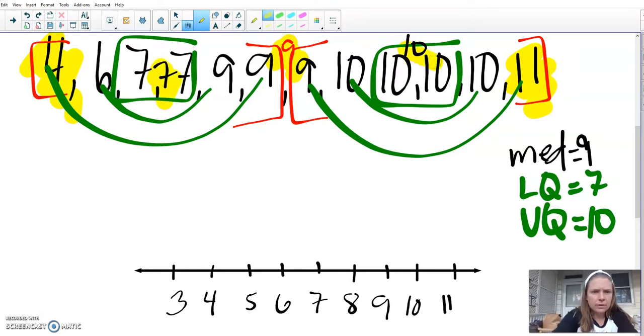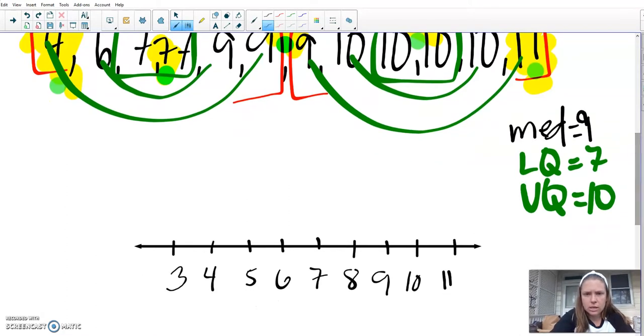So we have the lowest value, least value, the lower quartile, the median, the upper quartile, and the greatest value. That's what we're going to make on our little box and whisker plot down here. So I'm going to use this number line I have. Our median was 9. I'm going to put a little dot.